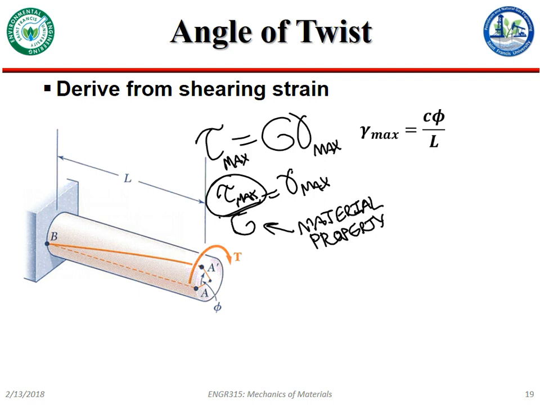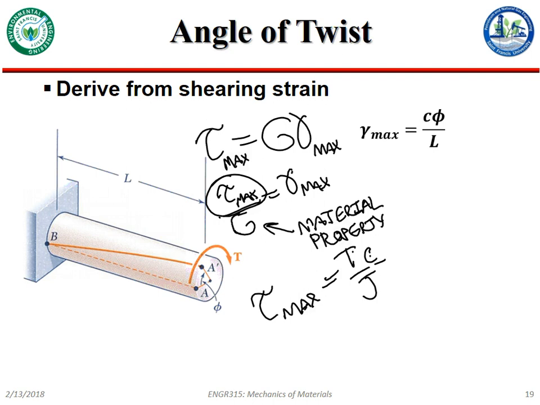Tau max, I know that that's related to torque, right? From last class, we were saying that, was it TL over JG or something like that? TC over J. We know that tau max is equal to TC over J. So it's related to the torque that's being applied to the shaft.